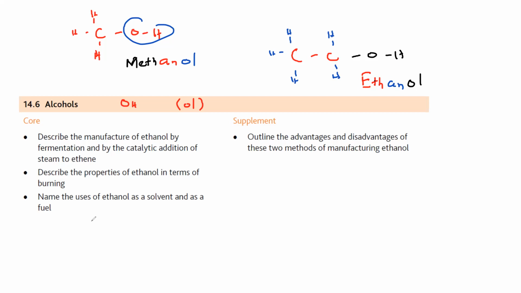Same way, if we have three carbon atoms and the OH is attached to one of them, and the remaining hydrogen atoms are attached to the structure. Due to the presence of three carbon atoms, we will say prop.